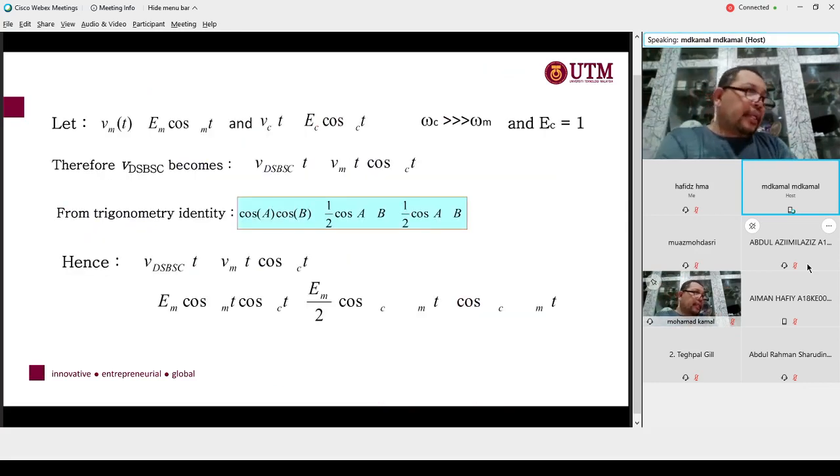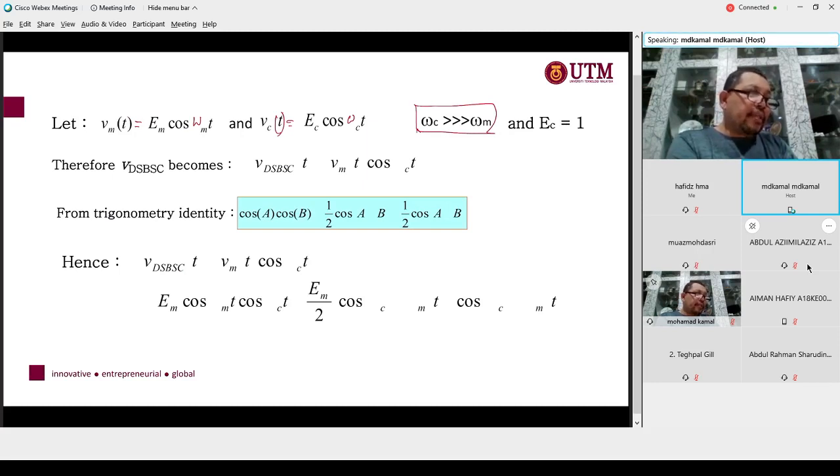Right. So this is how we can find out, let's say we estimate VM(t) is VM cos omega M t, and VC(t) is equal to EC cos omega C t, where omega C is greater than omega M, and EC in this case we assume is equal to 1.